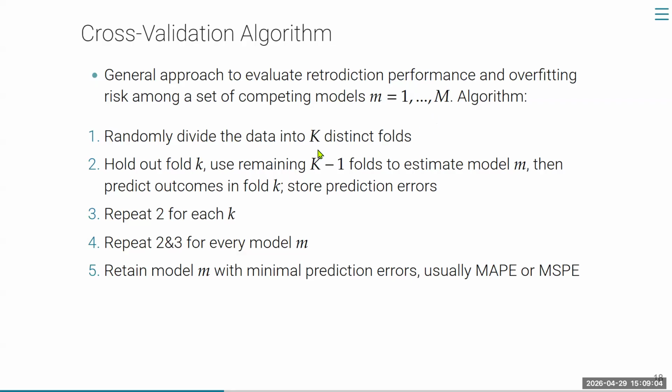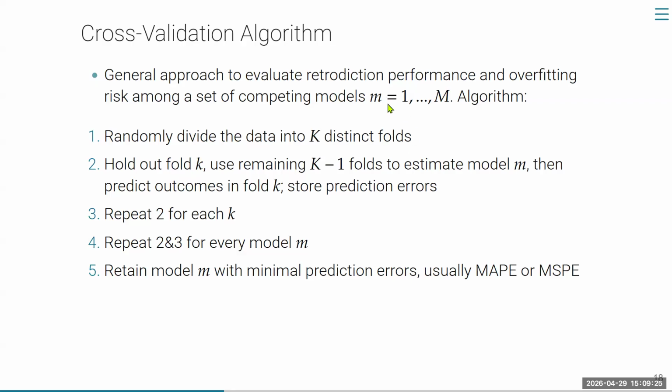We're going to take our training data and randomly divide the points into capital K distinct, we often call them folds. I think partitions is a little bit clearer. You can also call them subsets. The key is that they're not overlapping.